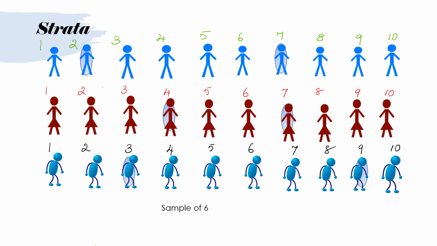So we have divided the whole population into subgroups that are the strata, and from that we are picking the sample. Combining everything together will be the stratified sampling.